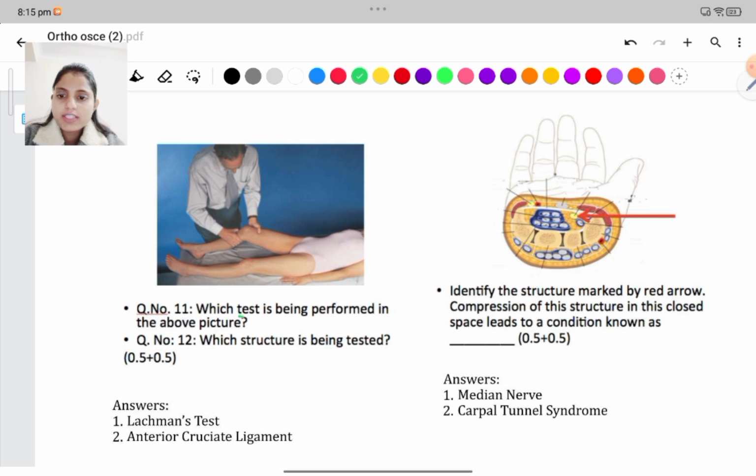Which test is being performed in the above picture? Which structure is being tested? This is the Lachman test. Lachman test is done for the anterior cruciate ligament injury. Lachman test is done in 20-degree flexion.